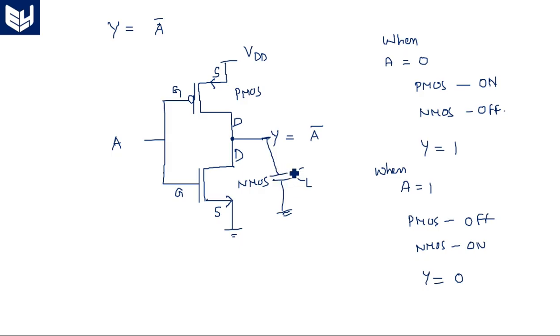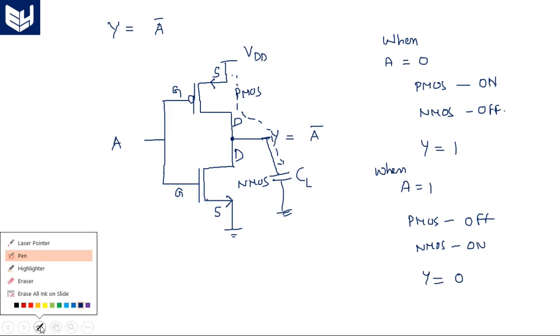During the rising period, that means when input is equal to 0 and the PMOS transistor is in on state, there is a current flow from VDD towards this capacitor. So the capacitor charges like this. This is the charging period of the capacitor. The capacitor charges and goes up to VDD.